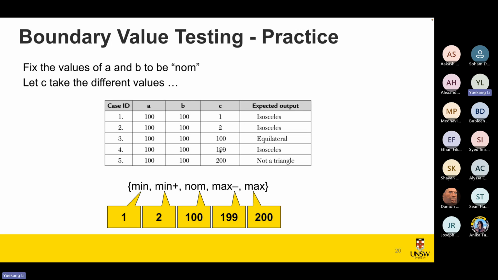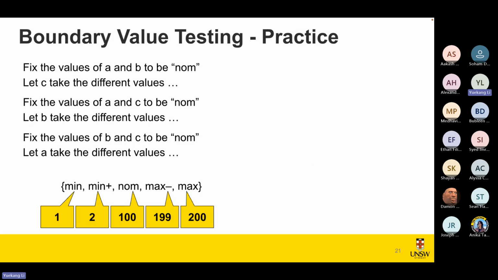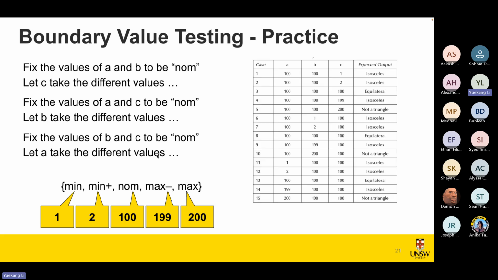And this is the first batch of test cases created for normal boundary value testing. And we can do the same thing for A and B. So if we want to test B, we can fix the values of A and C and allow B to try out all the 5 values. And if we want to test A, we can fix the values of B and C and try out different values for A. In this case, we can build a table for all the different test cases.